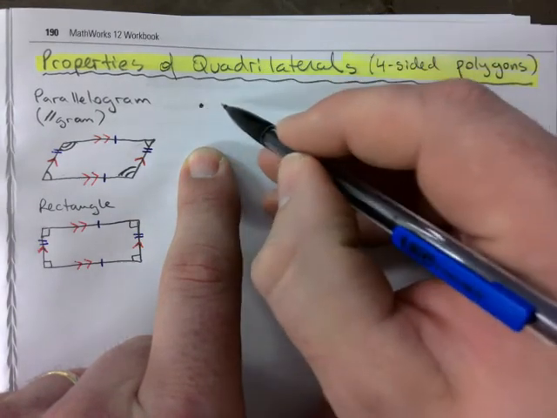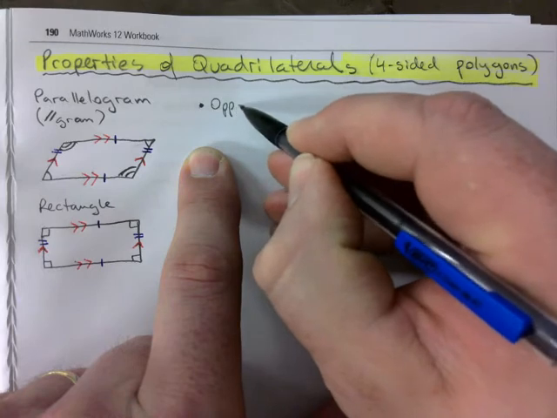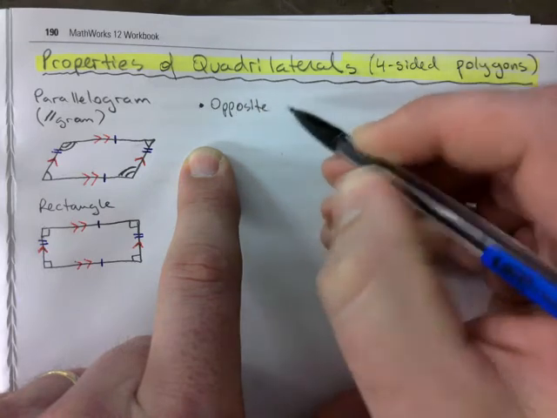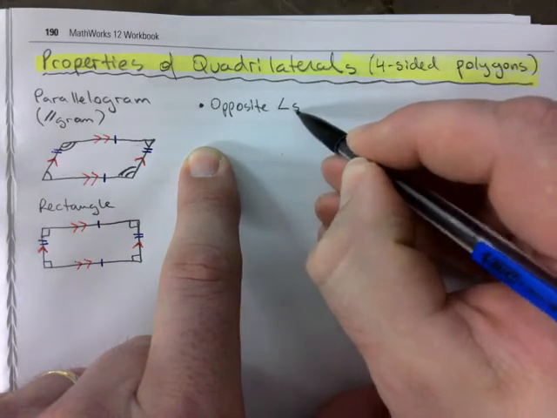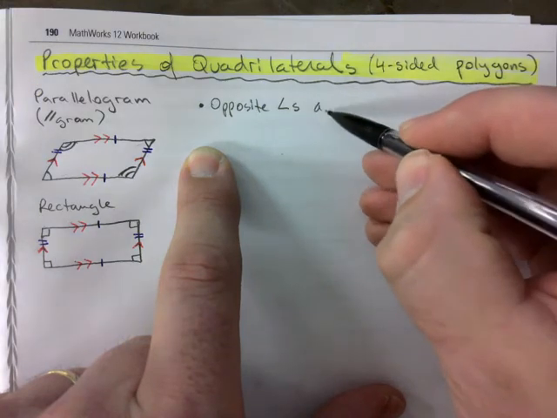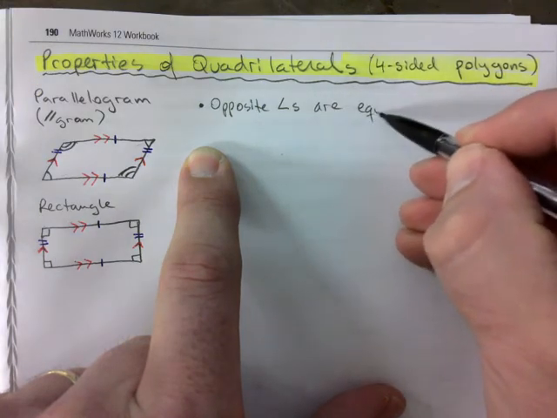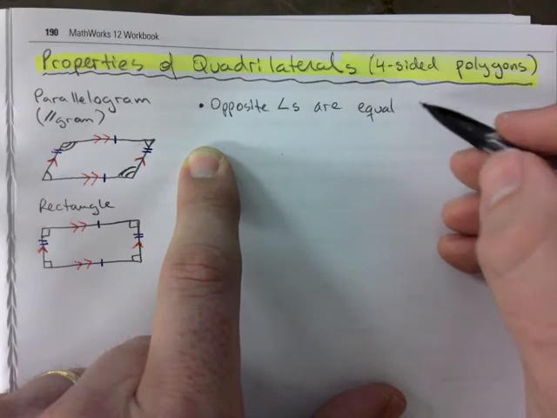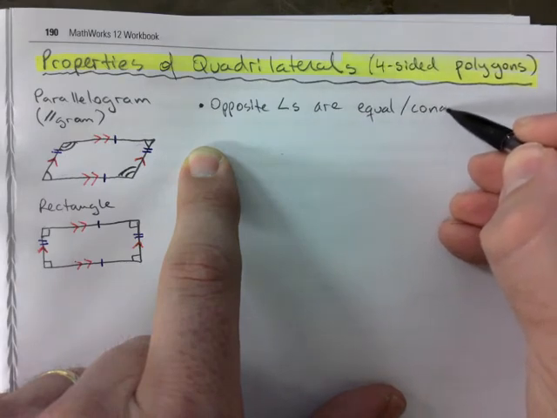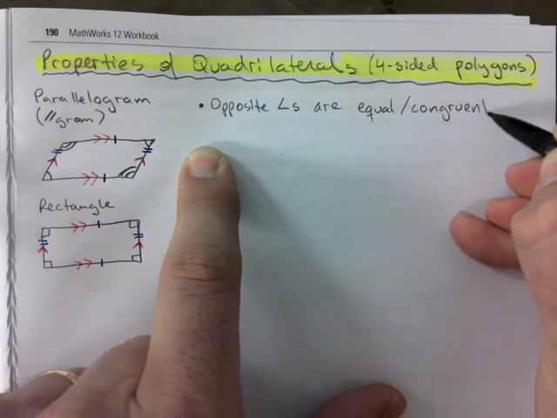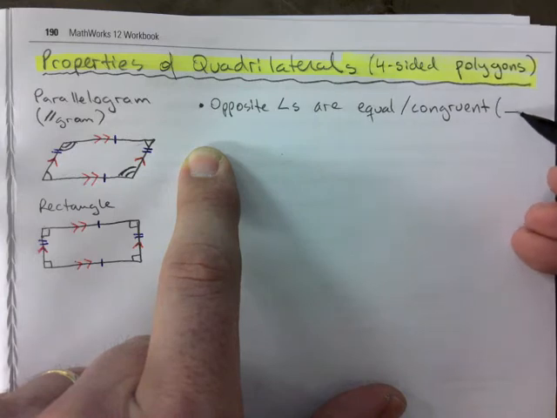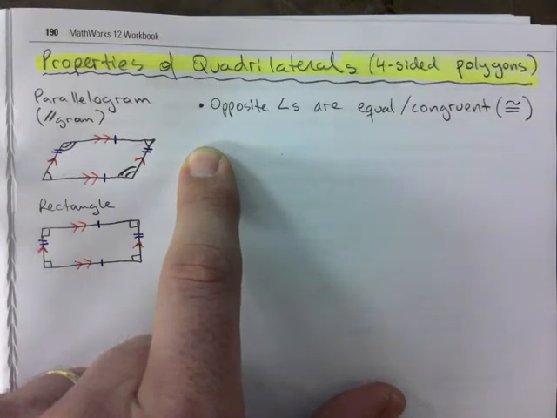This is the first property. Opposite angles are equal or congruent. Congruent is the fancy word, and this is the symbol, right? Equal sign with a squiggly line.